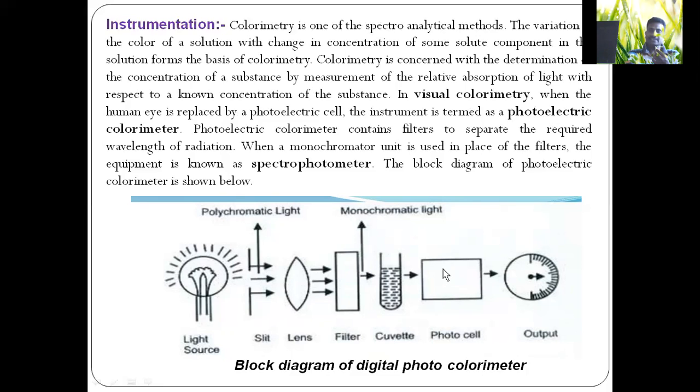This is the difference between the earlier visual colorimeter and the digital photocolorimeter. So this is about the instrumentation of the digital photocolorimeter.